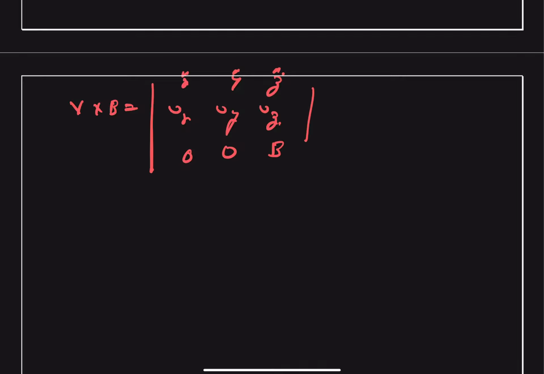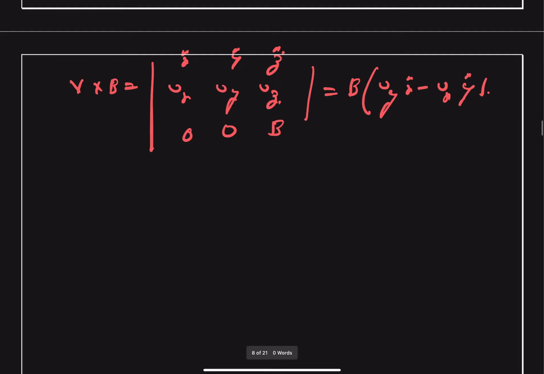Therefore v cross B is the determinant of x, y, z; vx, vy, vz; 0, 0, B. This is quite simple, the rest of the terms will be 0, and we get vy B x unit vector minus vx B y unit vector.